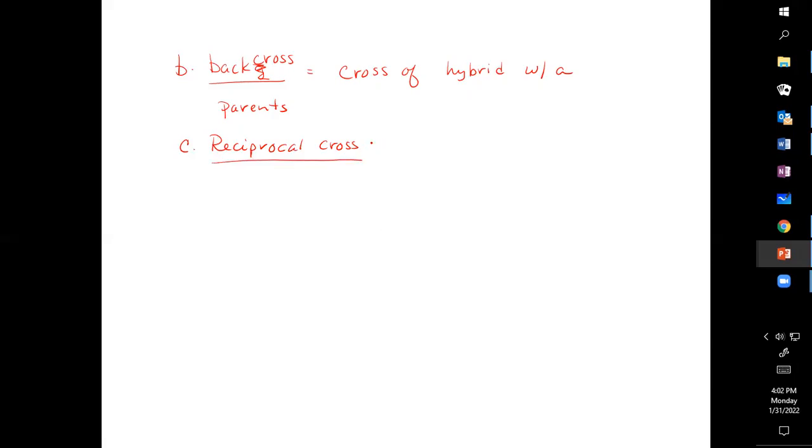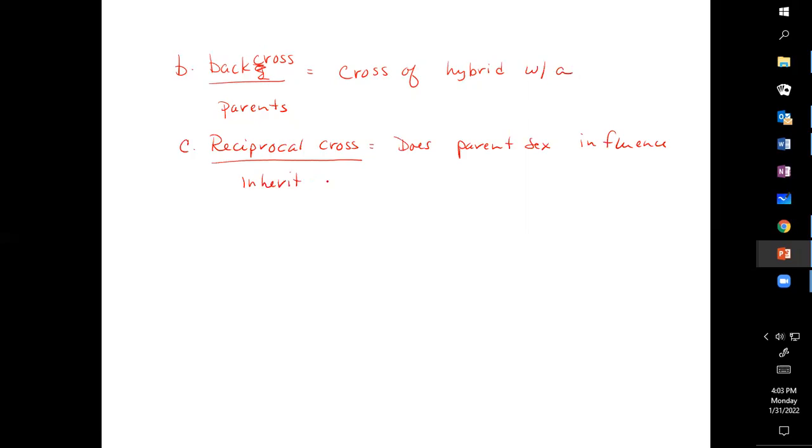In a reciprocal cross, these are used to determine whether the sex of a parent influences the inheritance pattern.